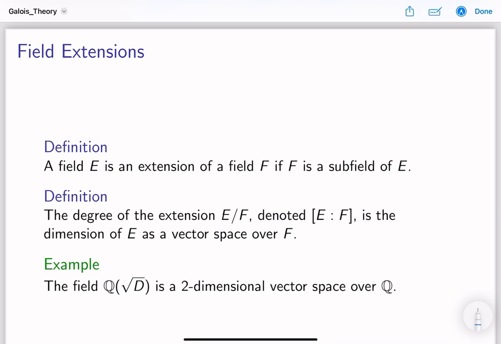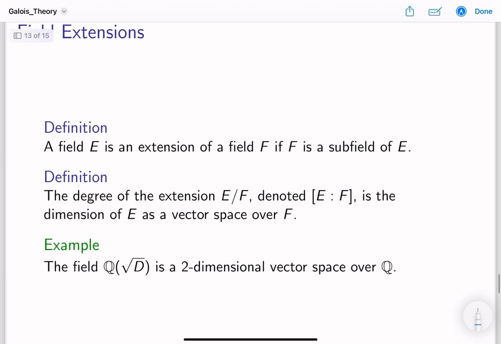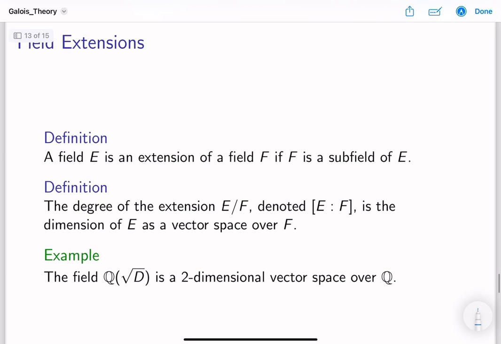So far, the definitions covered were just general definitions that you would see in an abstract algebra course. But from now on, we will be building the tools or the terminology used in Galois theory. So we start with the definition of what a field extension is.